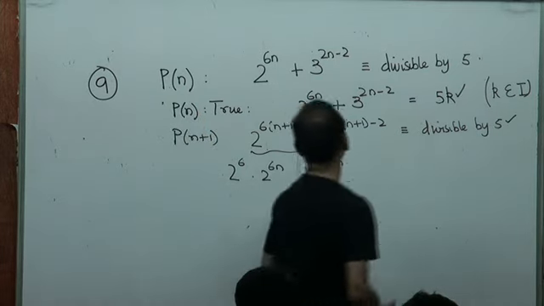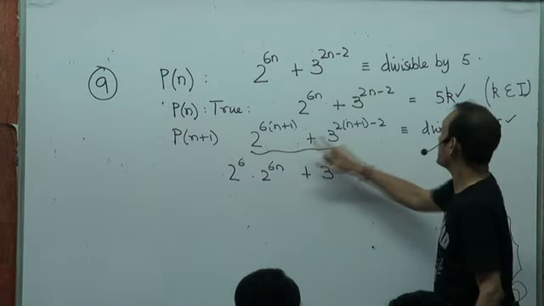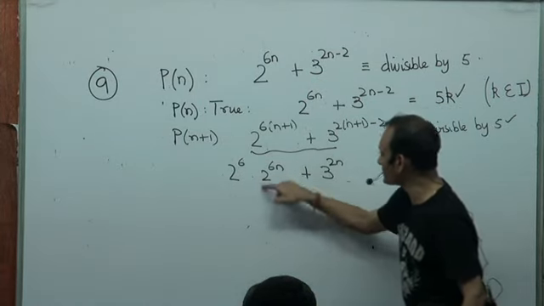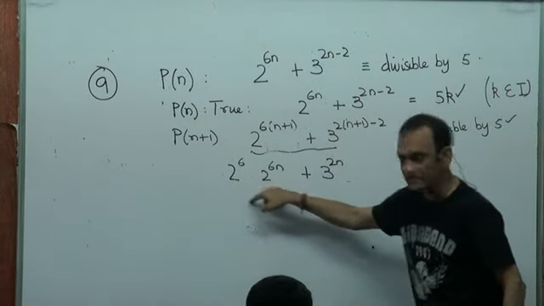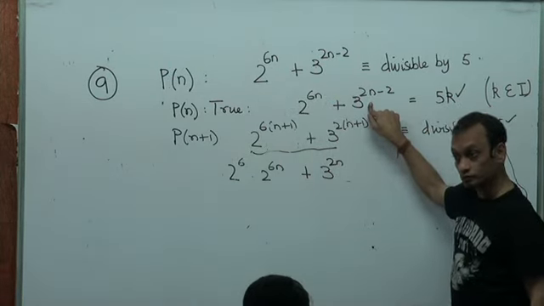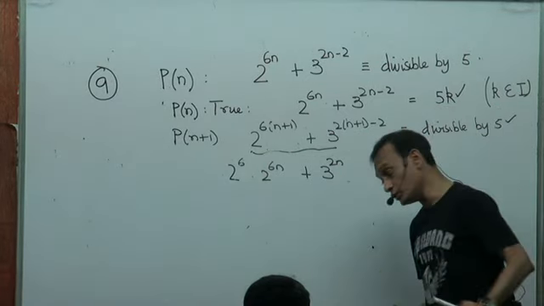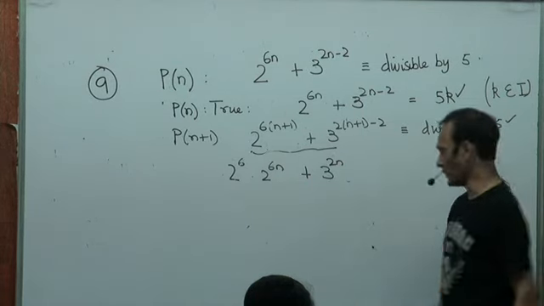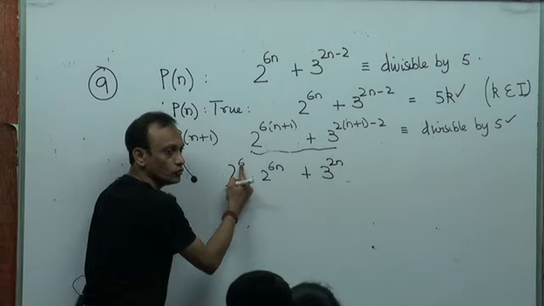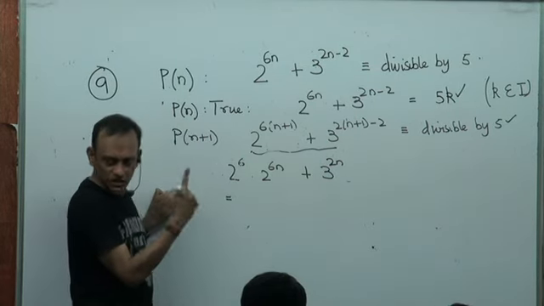Now, what I could do is, this 2 to the power 6n here, I can write as 5k minus 3 to the power 2n minus 2. The 2 to the power 6n that I witness here, I can write as 5k minus 3 to the power 2n minus 2, yes or no? So that I can use the statement Pn to establish Pn plus 1, right? 2 to the power 6 is 64.